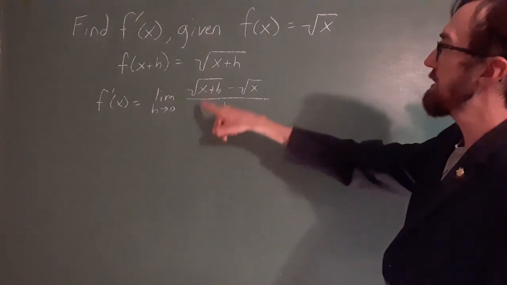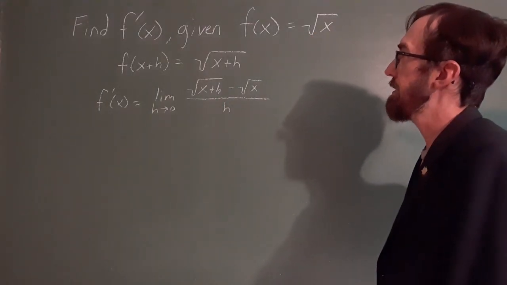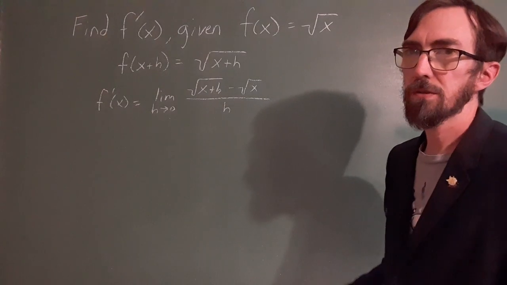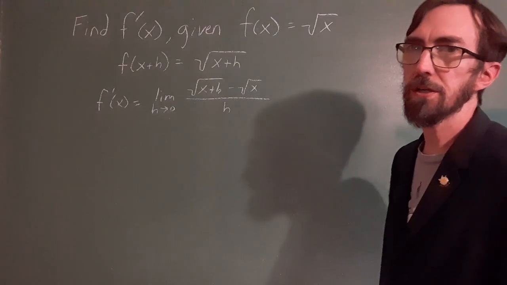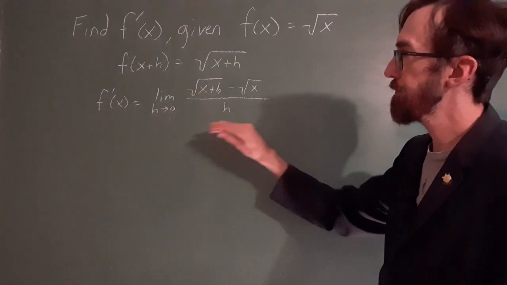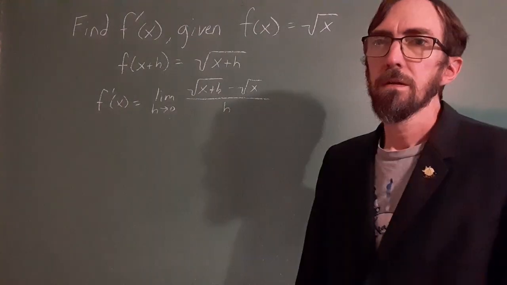So substituting this into the numerator and this into the numerator, this is where we land. So now we need to do some algebraic work here to determine the limit as h approaches 0 for this function, which will be our f prime of x.